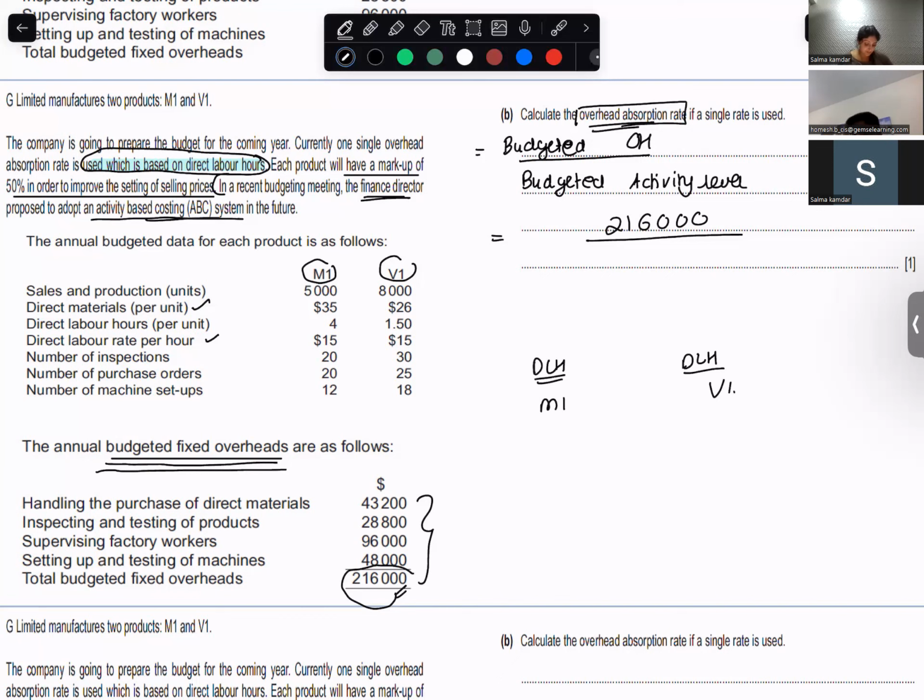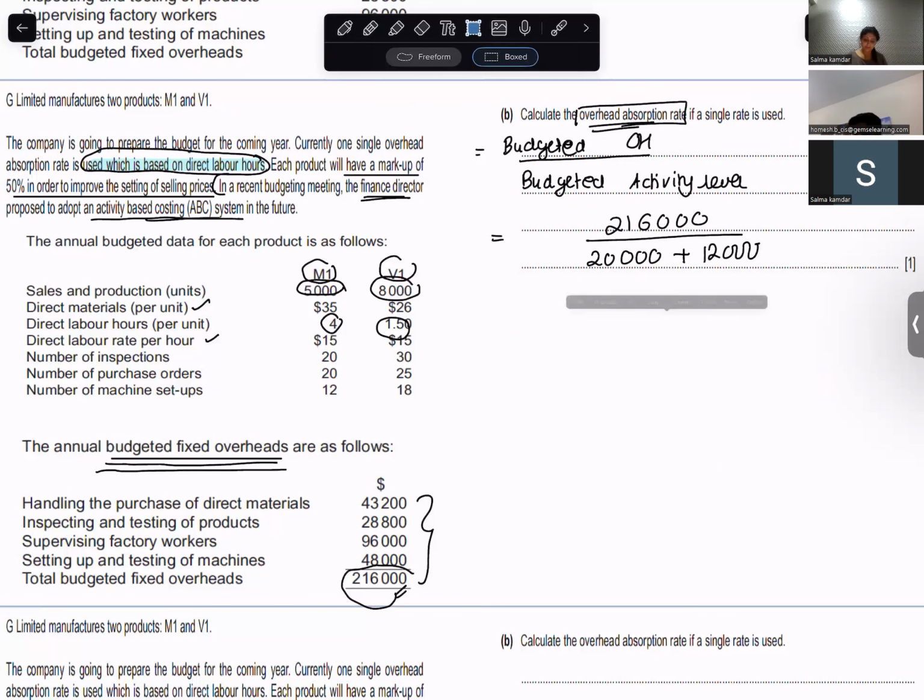So it'll be 5,000 into 4, that is 20,000, and 8,000 into 1.5, that is 12,000. You sure? Yes. So it will become how much? 32,000. So what is the OAR?